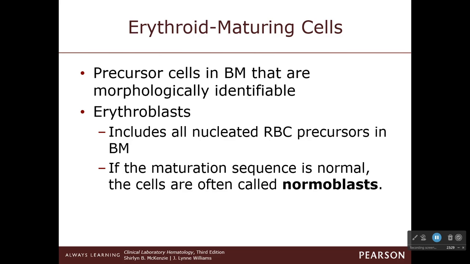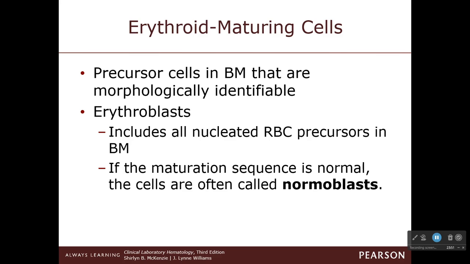Our body's efficient, so it puts what it can in there to keep oxygen going. Whereas with megaloblastic anemia, the opposite, the cells are larger. I'll tell you why when we get a little further in.